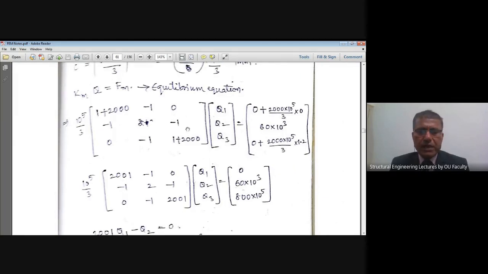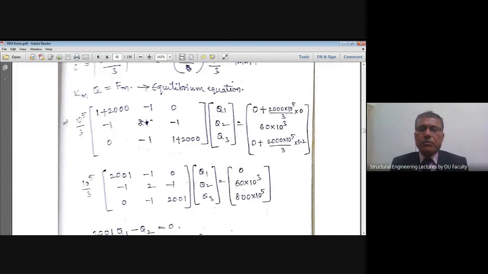The modified stiffness matrix operated upon displacement vector Q1, Q2, Q3 is equal to the modified global load vector. No force was specified along the first degree of freedom, but along the second degree of freedom, in the positive x direction, 60 kilonewton was acting. Hence, that is 60 multiplied by 10 to the power 3.